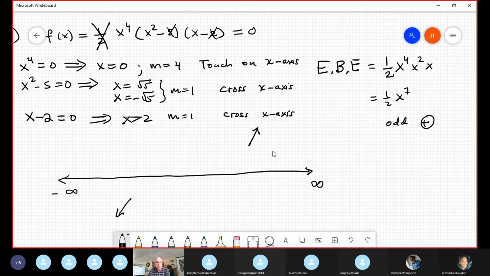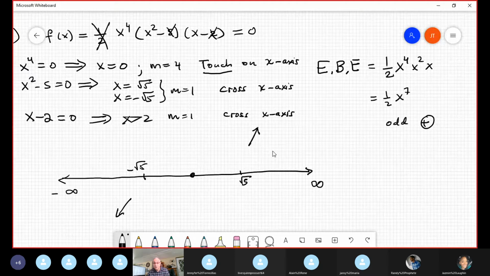Then we discover that in total we have 0 touch, radical 5, and negative radical 5. By the way, radical 5 is 2 point something. You put it in a calculator, square root of 5. What is that? 2.23.